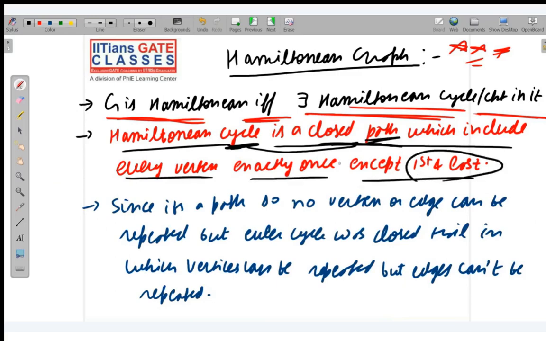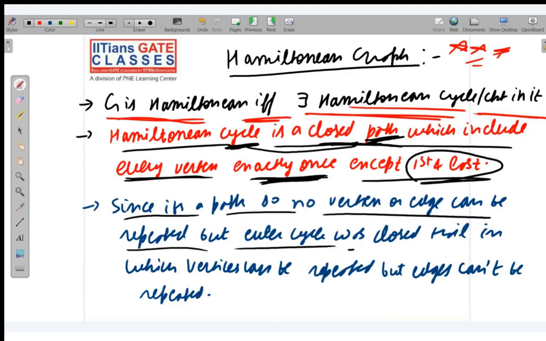Path means every vertex should be covered. That's why I told you every vertex should be covered exactly once. Path means no repetition of vertices. The exception is that this is a special path which will cover every vertex exactly once, except first and last, obviously, because it is closed, so first and last will be repeated. Since it's a path, no vertex or edges can be repeated, but the Euler cycle was a closed trail in which vertices can be repeated but edges cannot be repeated.